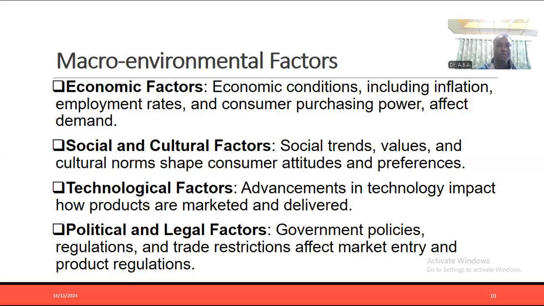In performing the PEST analysis, you are looking at all of these factors within the macro environment which will affect your marketing strategy.